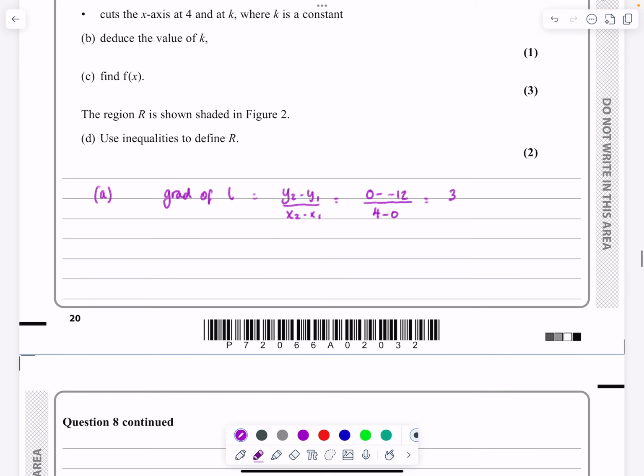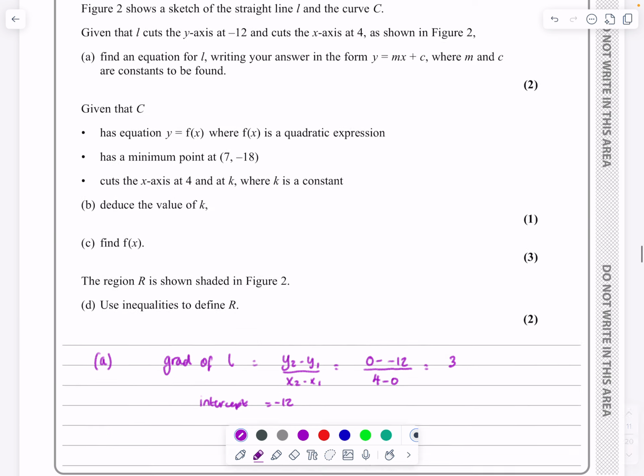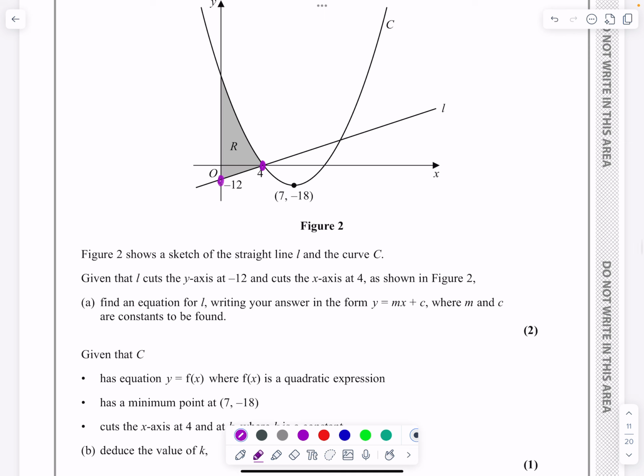I already know from the information on the graph that the intercept is equal to -12. And if I know that y equals mx plus c, I can just say y equals 3x minus 12. So given the information there, that's a very straightforward part A.